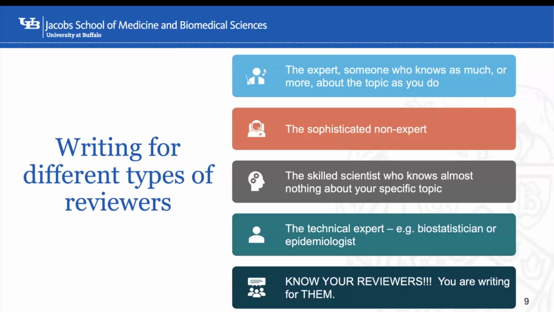Sometimes I've been in study sessions where a fourth reviewer is brought in because there's a particular part of the grant that is very technically specialized and requires somebody to look at that part of it. Okay, so you need to know that you're writing to all of these people, not just for the expert, and that's extremely challenging.